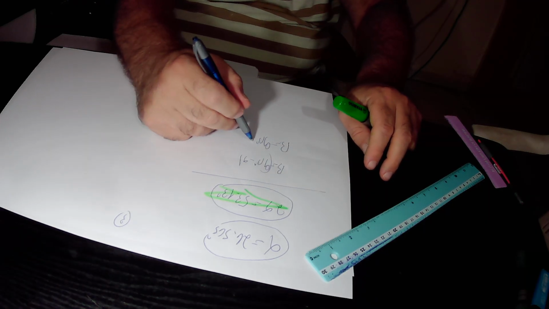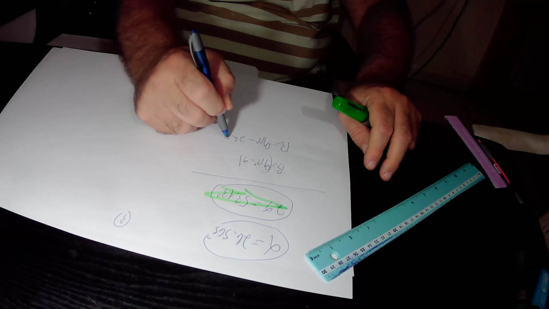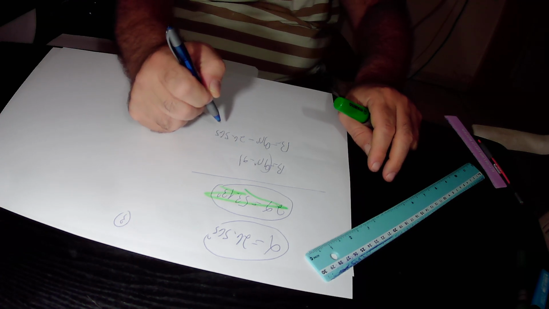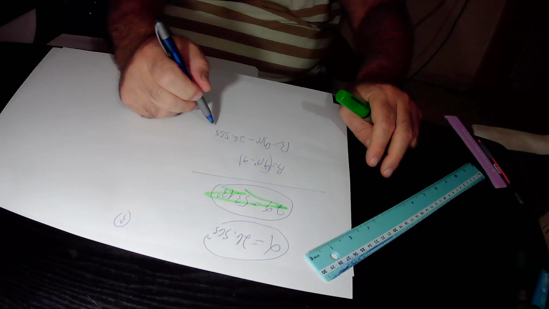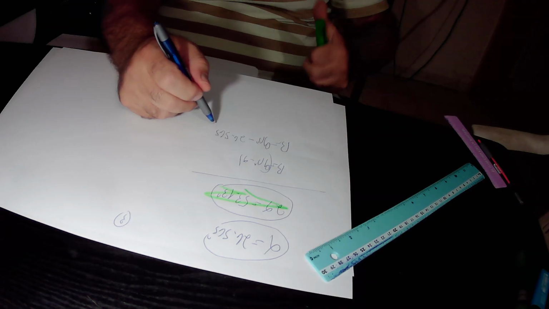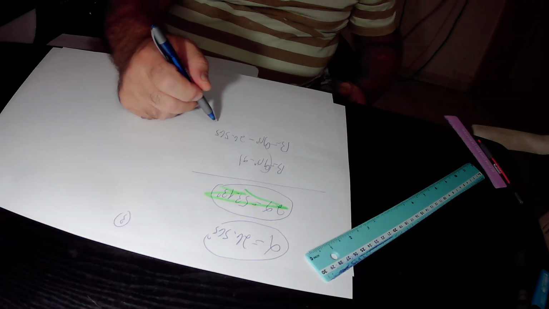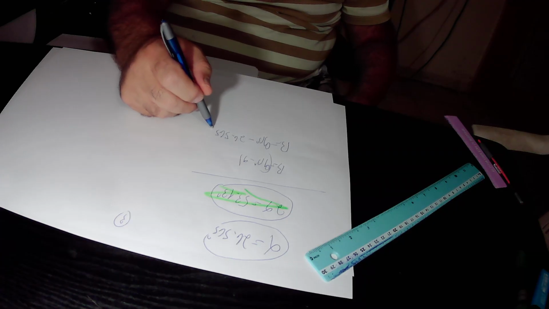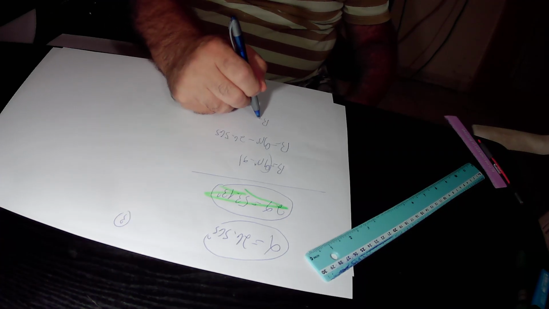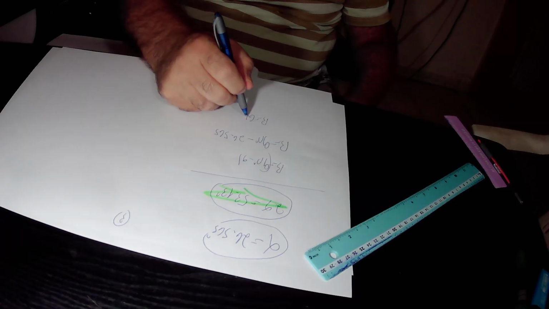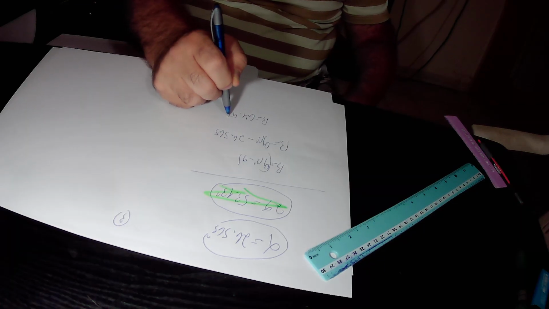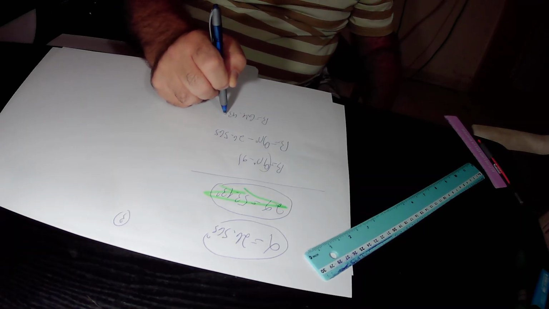And alpha equals 26.565 degrees. 90 degrees minus 26.565 is equal to 64.435.